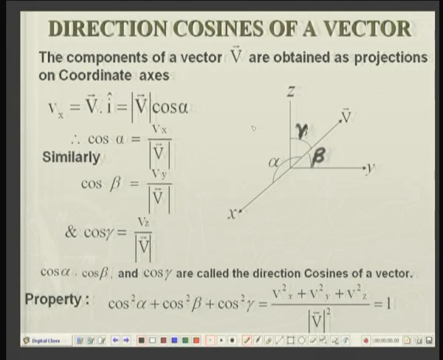We can show that the sum of the squares of the cosines, cosine square alpha plus cosine square beta plus cosine square gamma, is Vx square plus Vy square plus Vz square divided by the magnitude of vector V squared, and this is obviously equal to 1 because the numerator and denominator are identical.